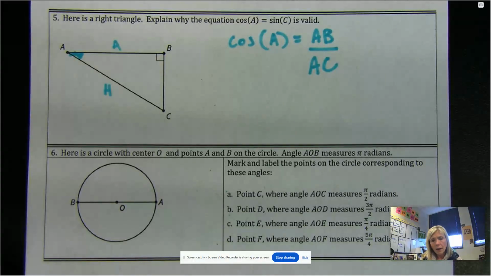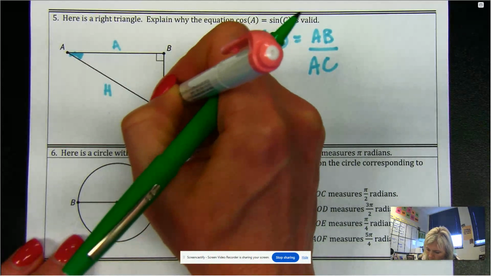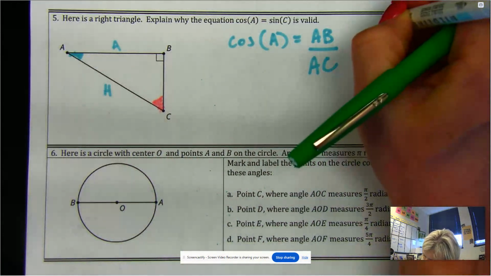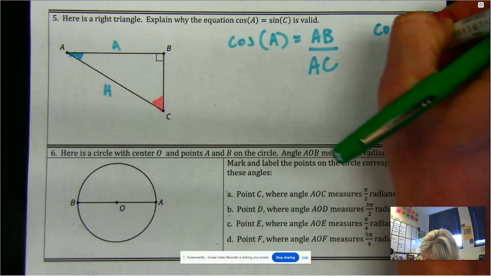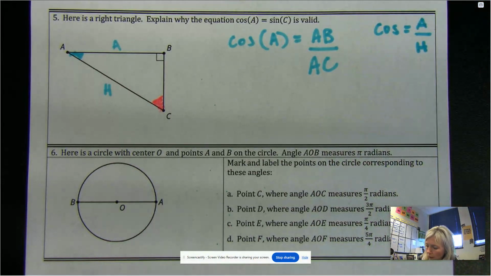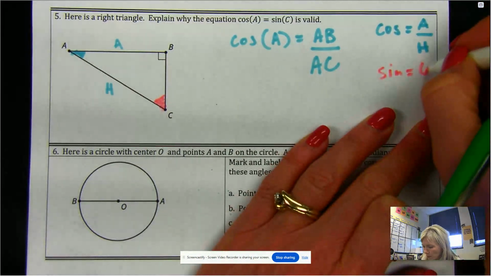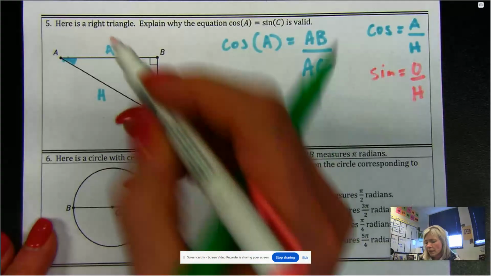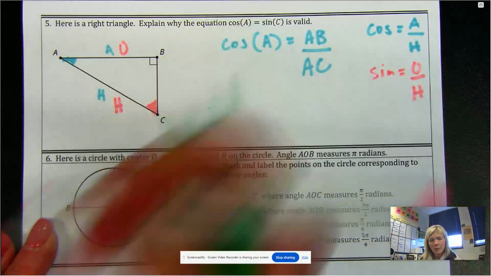Now let's compare that to the sine of C. So here's angle C. And as we stated earlier, well, I'll just rewrite it. The cosine is the ratio adjacent over hypotenuse. Sine is the ratio of opposite over hypotenuse. Well, for angle C, AB is actually the opposite, and this is still the hypotenuse.